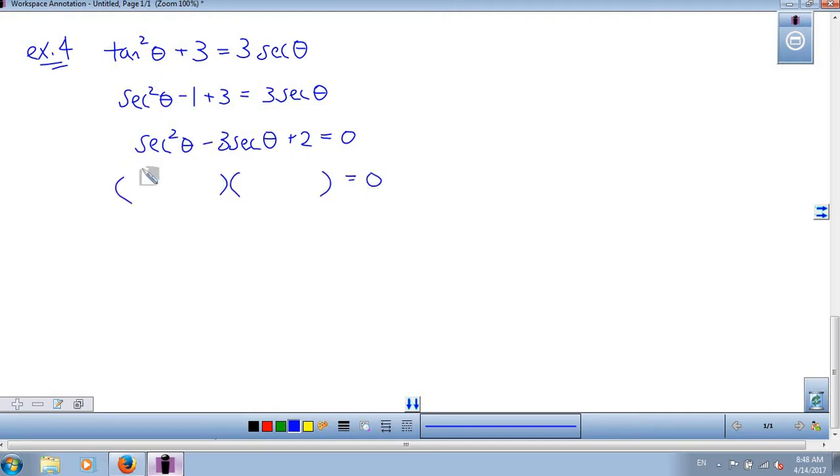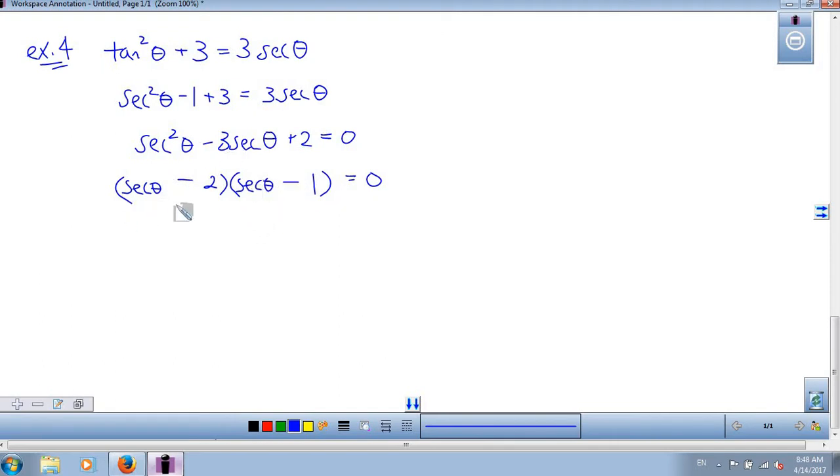Secant squared theta is secant theta times secant theta. We're treating secant theta as a variable x here. So secant theta times secant theta, and 2 is just 2 times 1. Now we know that they have to add up to negative 3, so both have to be negative, and negative 2 plus negative 1 is negative 3. Okay, so that will work out.